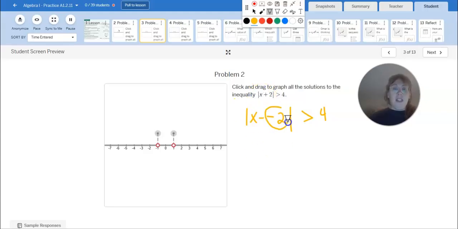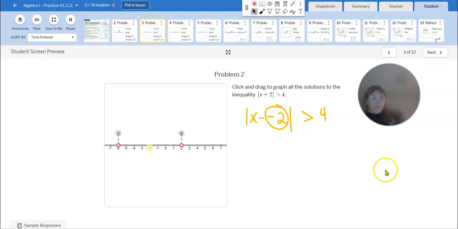So we're looking at the distance from -2. And when we focus on -2, we want to be 4 spaces away from -2. So 1, 2, 3, 4 gets us down to -6. And then if we go to the right, 1, 2, 3, 4 gets us to +2. This is just greater. It is not or equal to, so we're going to leave our circles open.